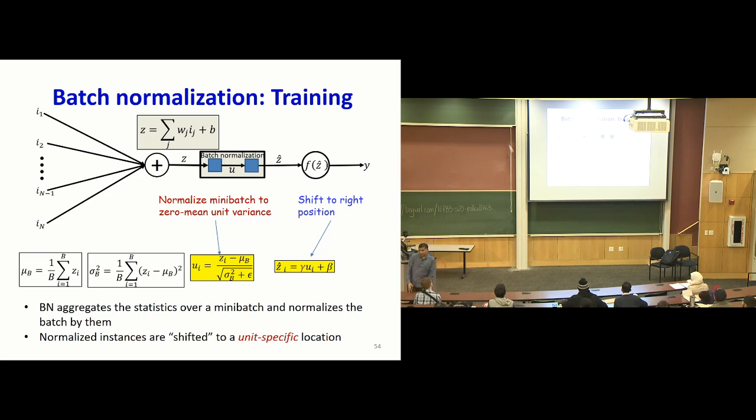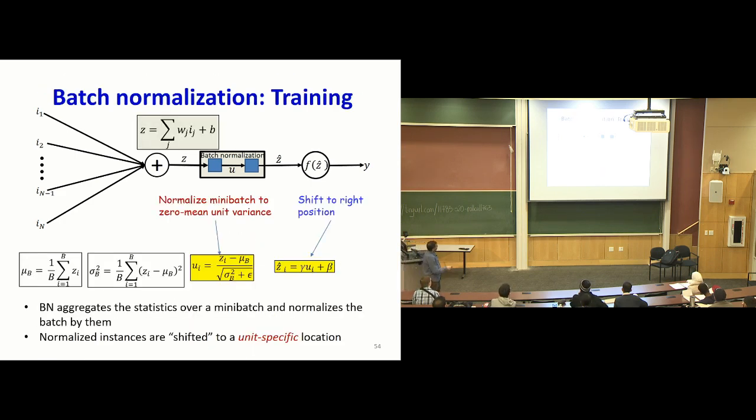But then, having standardized all of these, you move them to the correct location, which is given by this operator here, where you now scale it so that it has the right size, and then add some constant so that you shift it to the correct position, right? So this is what is happening when you actually perform batch normalization. And this is during training, right? So for every mini batch, we're doing this.